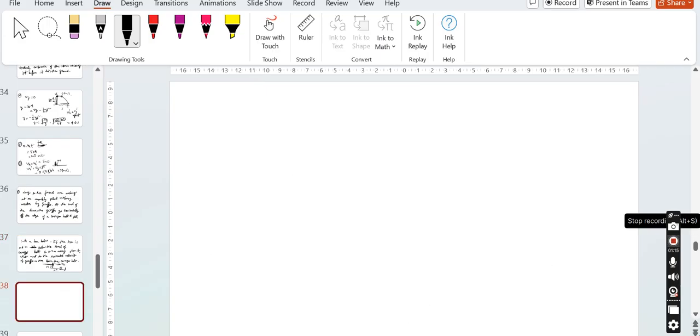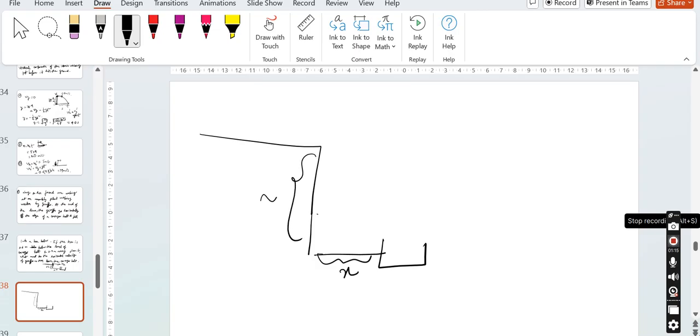Okay, so we have the box. Basically this is x, this is y, which is given. So y is basically Vy initially plus half of gt square.